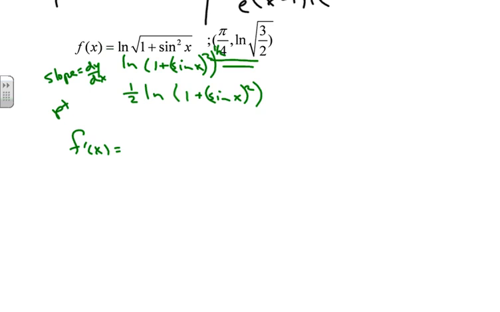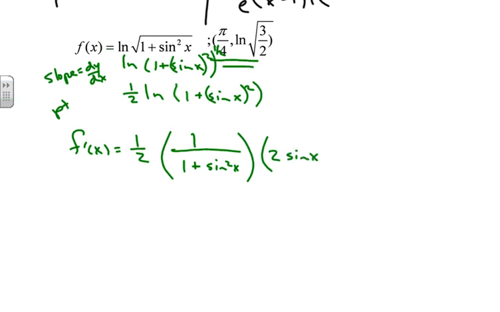Sometimes students like to see that a little bit better, just so you know you have to use the chain rule. So from here, I'm going to take the derivative, and I have 1/2 times the quantity 1 over 1 plus sine squared x. I'm just going to write that because it's a little bit nicer. Times the derivative of the inside, which is going to give me 2 sine x times cosine x.